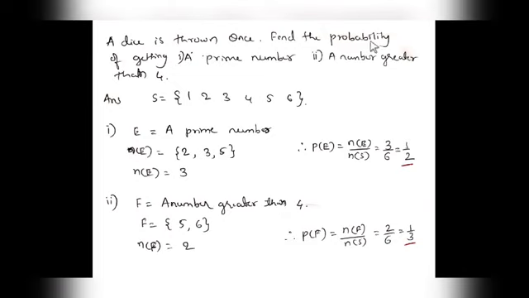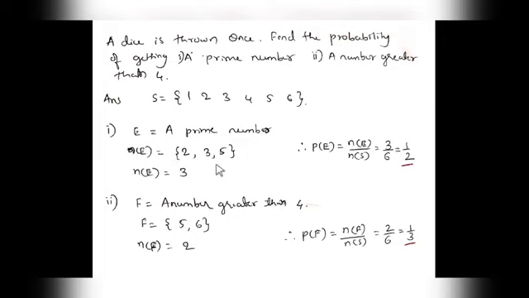A dice is thrown once. Find the probability of getting first one a prime number, second one a number greater than 4. Now the sample space for one die rolling is 1, 2, 3, 4, 5, 6. First one is a prime number. Let's take event E as a prime number.